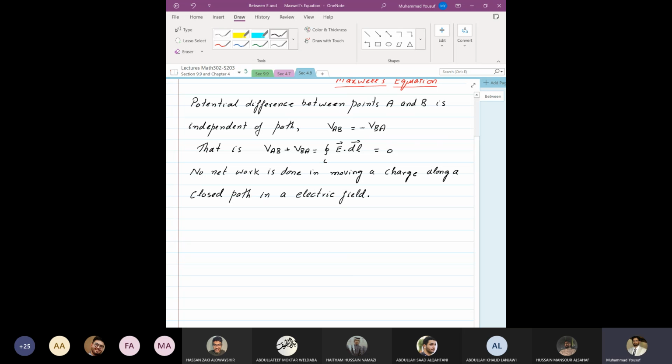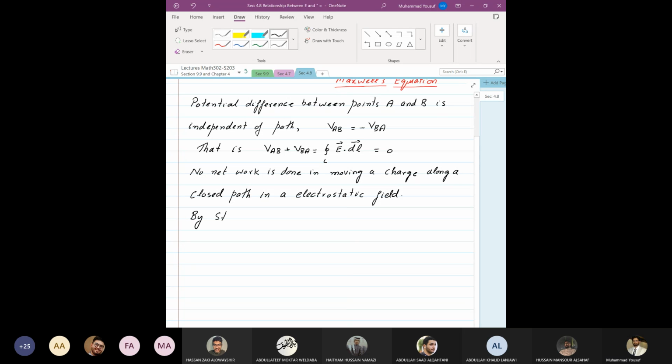Actually, this is more than a simple electric field. It is an electrostatic field. And what is Stokes theorem?